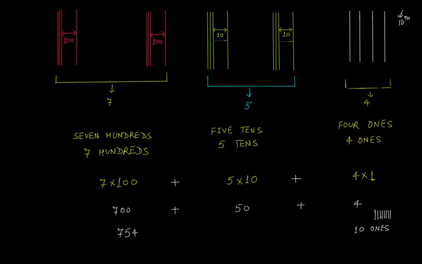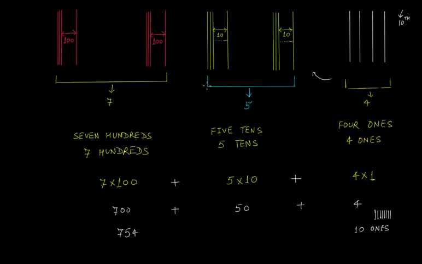Because now you have 10 line segments, it is going to make a bundle, and that will get shifted into this group, that is, the place of tens. When the 10th one comes here and you have a bundle of 10 line segments, that will move to this place, and now you will have what?